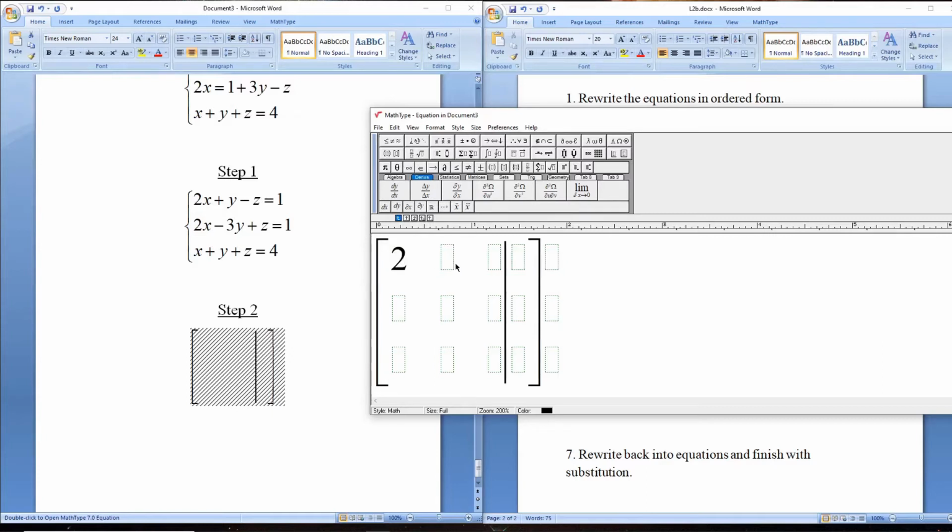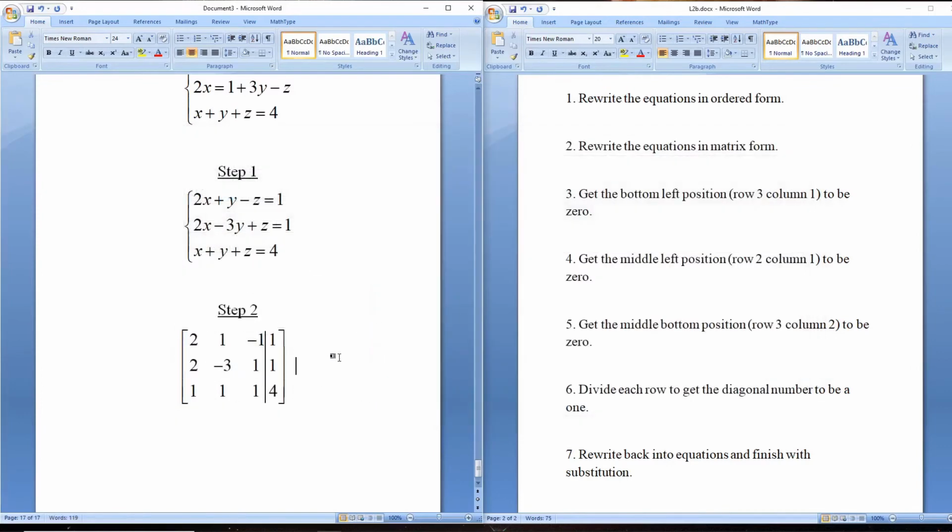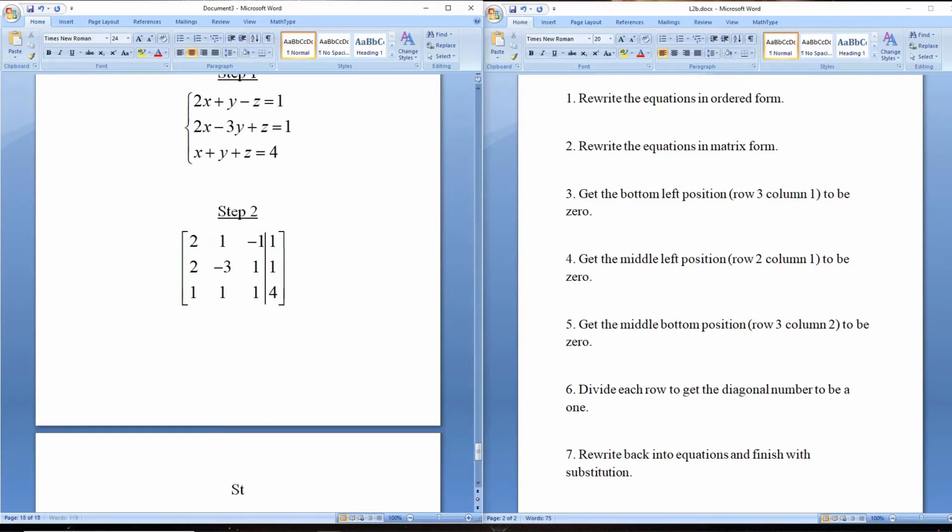Our second equation has coefficients of 2, minus 3, 1, and 1. And then finally, the third equation has coefficients 1, 1, 1, and 4. And that is step 2, getting our augmented matrix. Let's check out step 3.